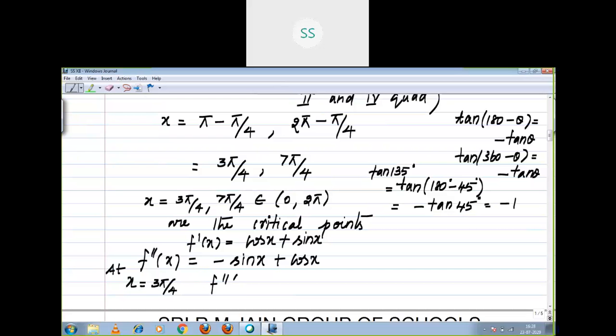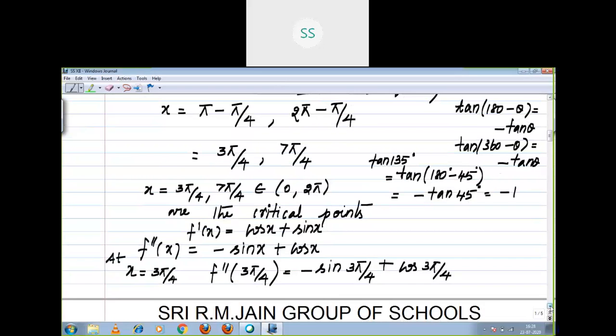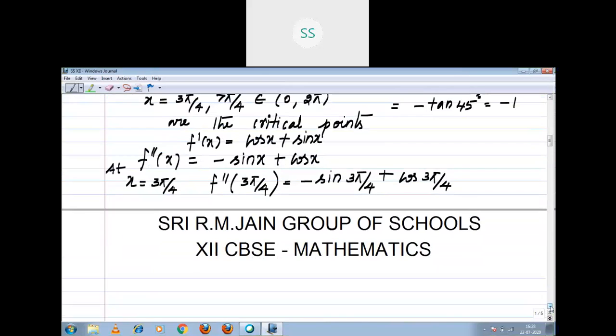F double dash of 3 pi by 4 equal to minus sin 3 pi by 4 plus cos 3 pi by 4, right? 3 pi by 4 means I told you that is 135 degree. 135 degree is equivalent to 45, right?